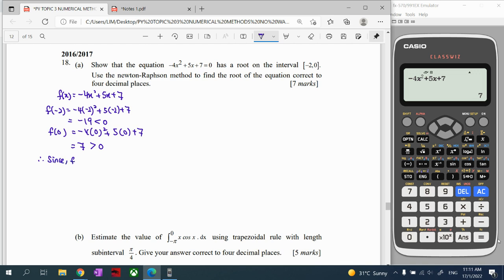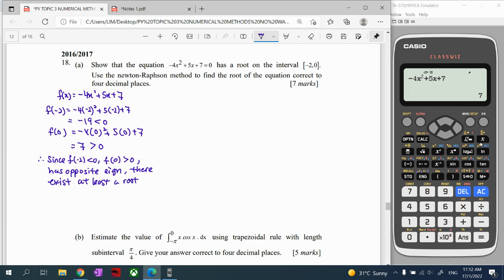Since f(-2) less than 0, f(0) more than 0 have opposite signs, there exists at least a root on the interval.